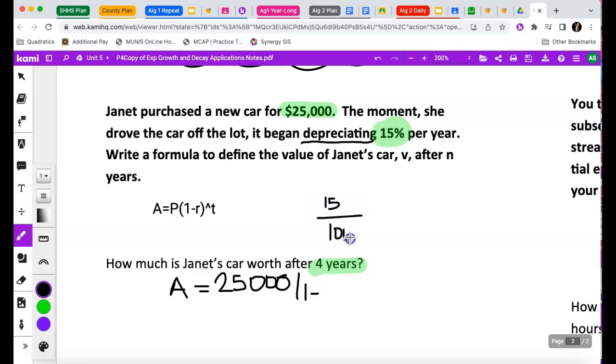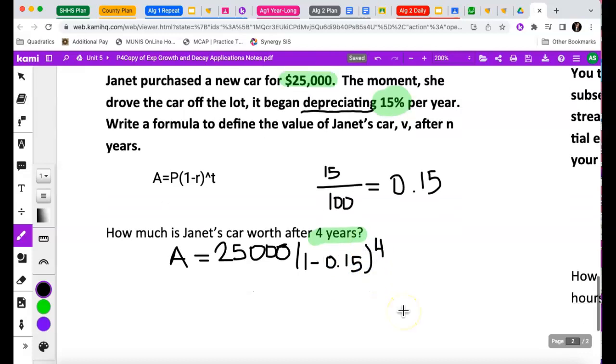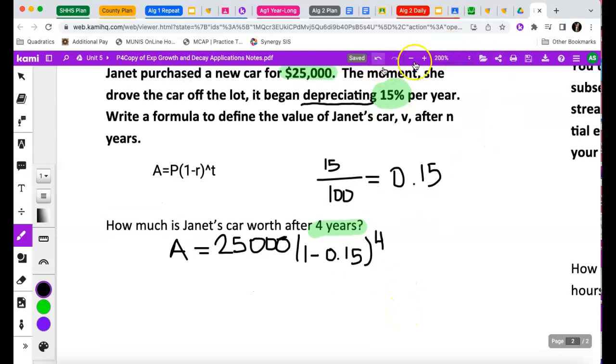What do I get when I do 15 divided by 100? 0.15. So that's what I'm going to substitute into my equation. And then T is equal to 4, because we want to know how much it's going to be worth after 4 years. So we're going to type this into Desmos.